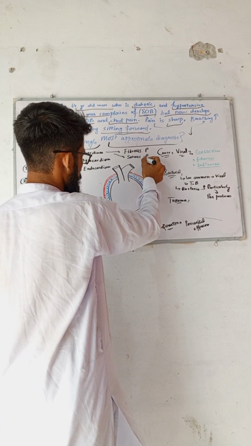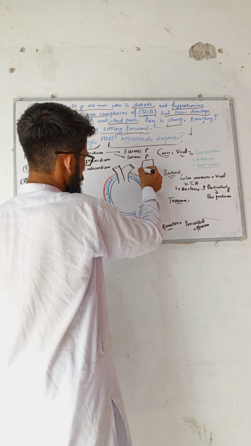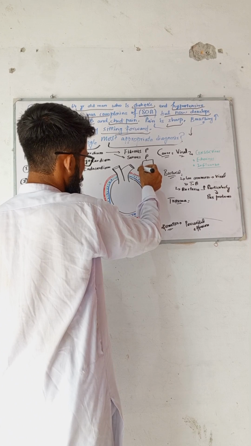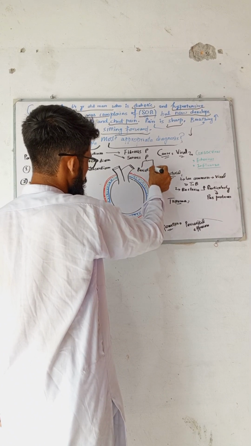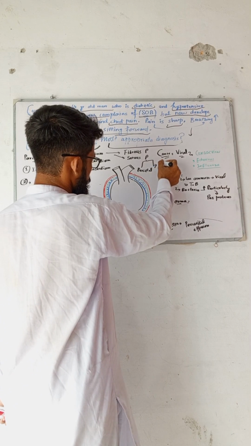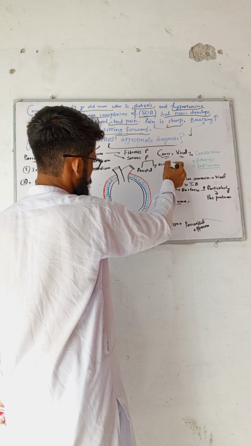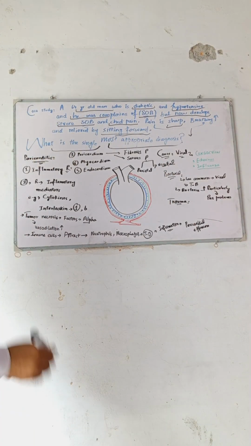And the serous pericardium is further divided into two layers. The outer layer is the parietal pericardium, and the inner layer is the visceral pericardium.